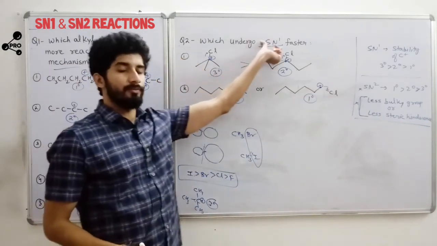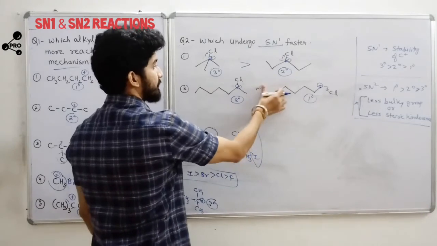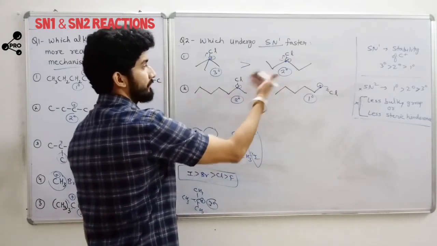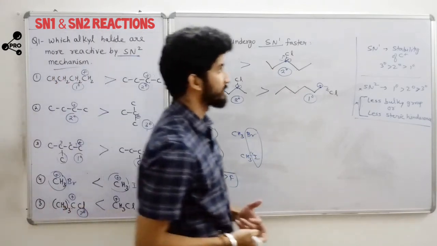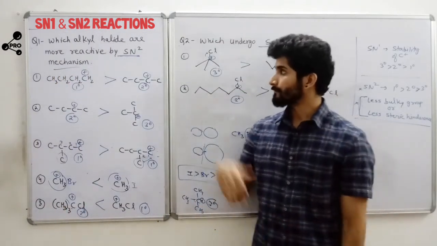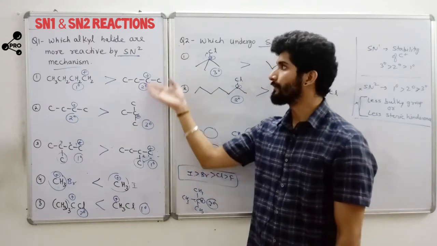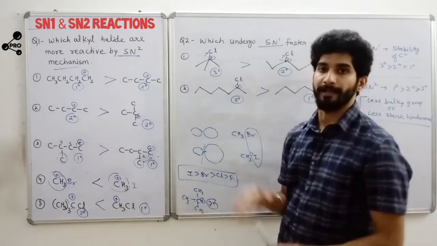Again, for SN1 stability, 2 degree is more stable, so this is more reactive than this one. By using this concept we can easily find which is more reactive toward the SN2 or SN1 mechanism.